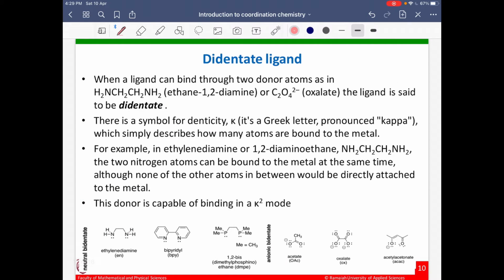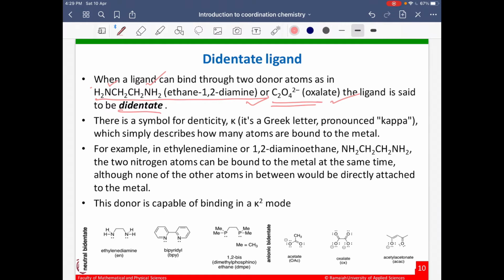In a didentate ligand, a ligand can bind through two donor atoms, as in the case of ethylenediamine, where there are two nitrogen atoms which can bond to the central metal atom. Or oxalate, where two donor atoms can interact with the central metal atom. This type of ligand is said to be didentate.